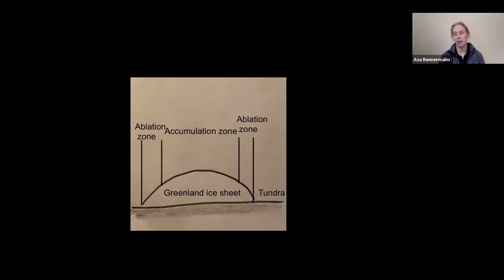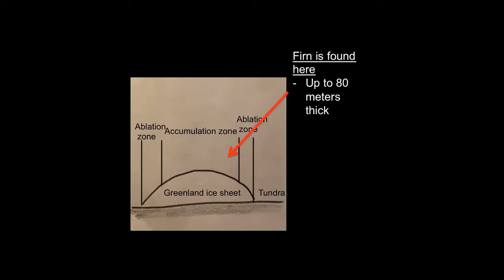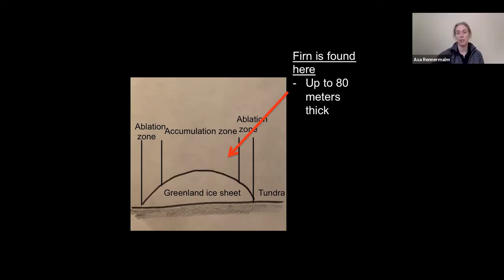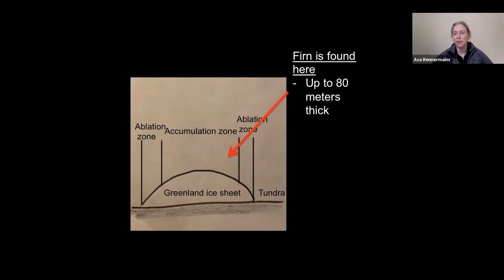So you have a net loss of mass, and the accumulation zone is the reverse. Firn is found in the accumulation zone, and it can be up to 80 meters thick, which compared to the ice sheet isn't much, because the ice sheet reaches about 3 kilometers at its highest point. But still, it's quite a substantial amount when you look all over the surface of the ice sheet in the accumulation zone.